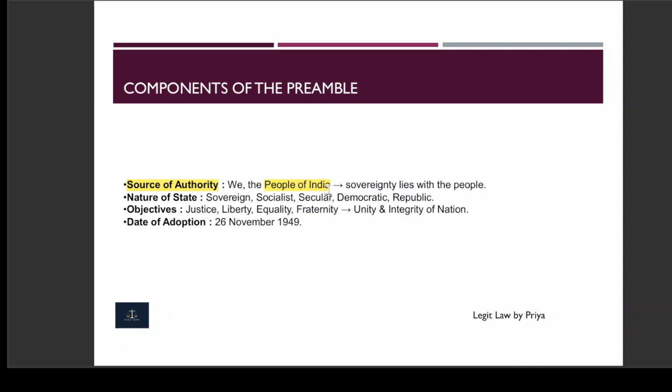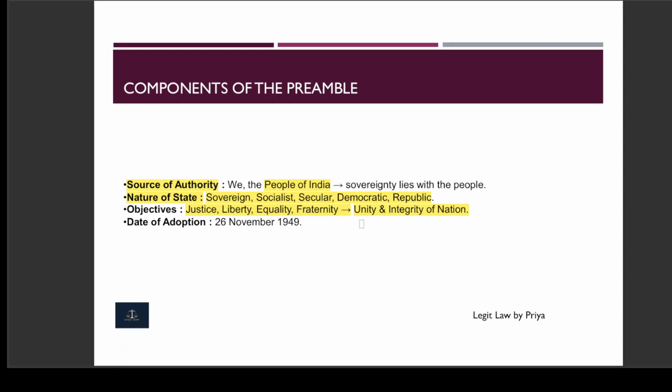And then the nature of our state. What is the nature of India? It says India is a sovereign, socialist, secular, democratic republic. It also says what the objective of our Indian constitution is: justice, liberty, equality, and fraternity, and it also includes the unity and integrity of our nation.